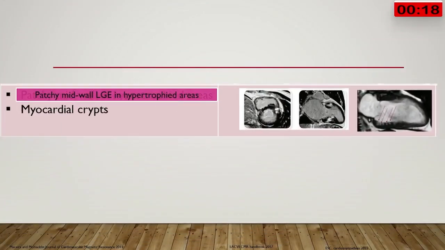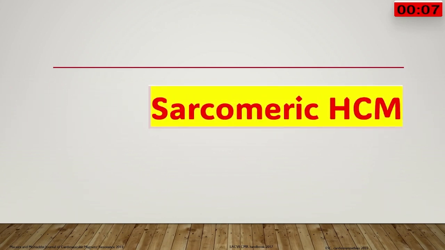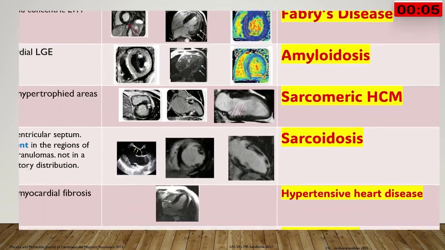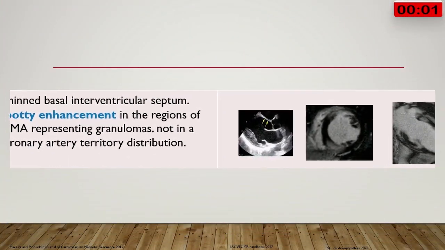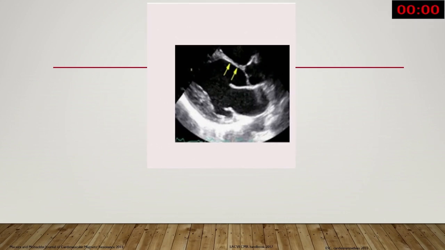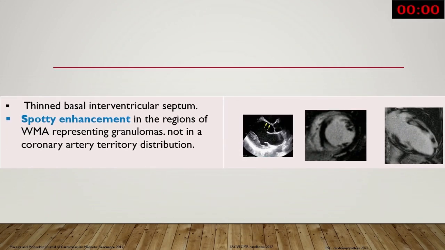What about patchy mid-wall late gadolinium enhancement in the hypertrophied areas and myocardial crypts? It is, yes, HCM. Thin basal interventricular septum by echo, and then you did CMR, you found spotty enhancement.